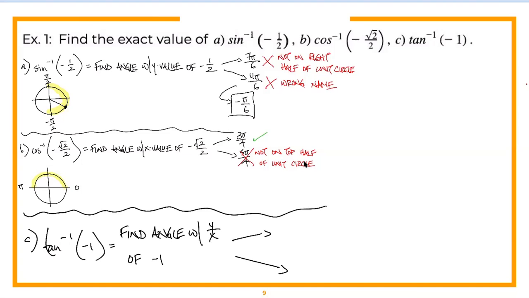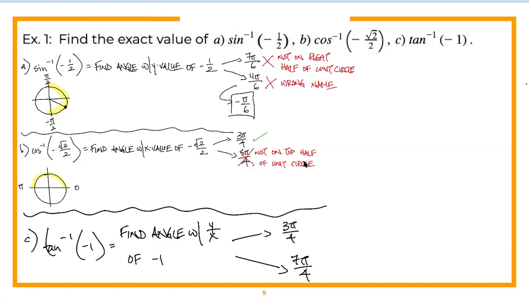Now that means that y and x should be the same number, except they have to have different signs. So which angles make this true? Is that 7 pi over 4 and 3 pi over 4? Very nice. 3 pi over 4 and 7 pi over 4.